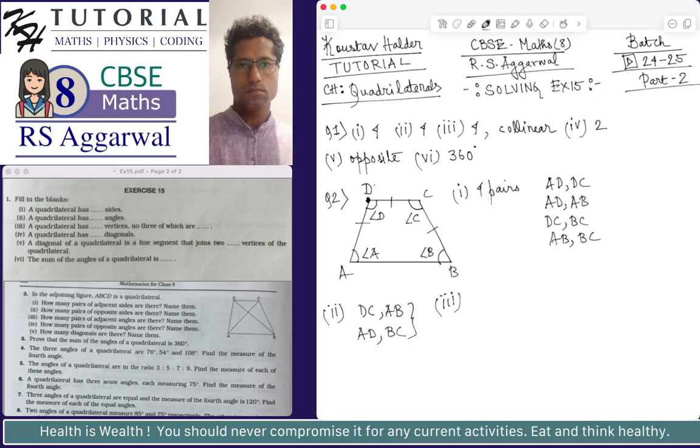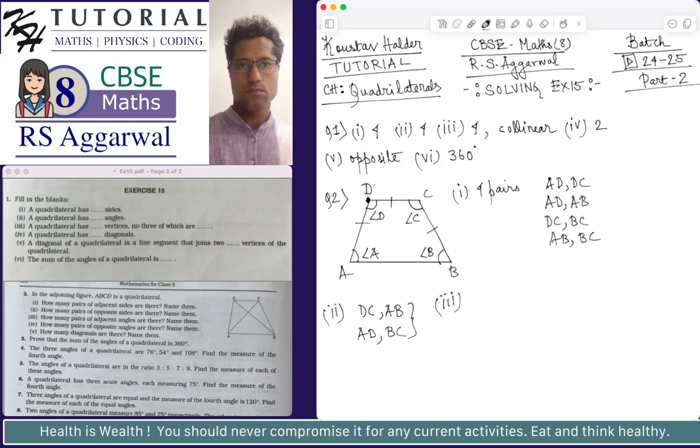For example, if we consider angle C and angle B, both have the common arm BC, because angle C is made up of the arms DC and BC. Similarly, the arms of angle B are AB and BC. So angle C and angle B have the common arm BC, and they are adjacent angles.